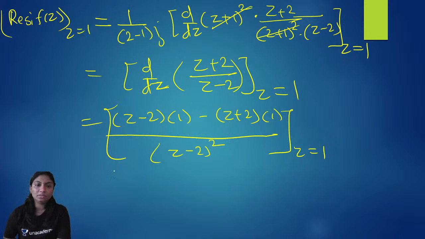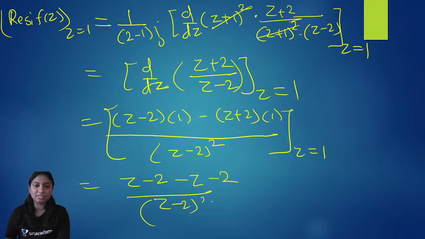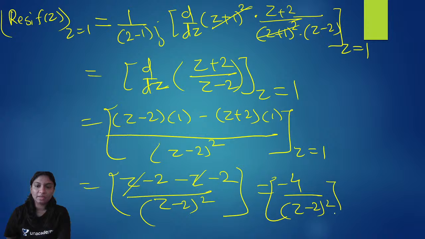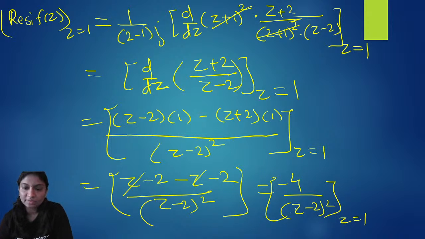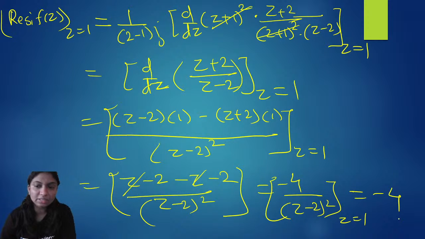So you will get z minus 2 minus z minus 2 upon (z minus 2) squared. The z's cancel out, giving minus 4 upon (z minus 2) squared at z equal to minus 1, that is minus 4 upon 9. The residue at z is equal to minus 1 is minus 4 by 9.